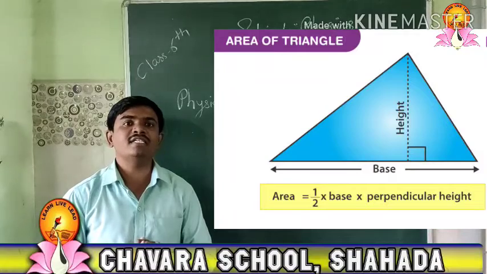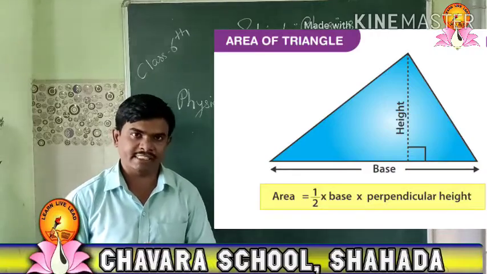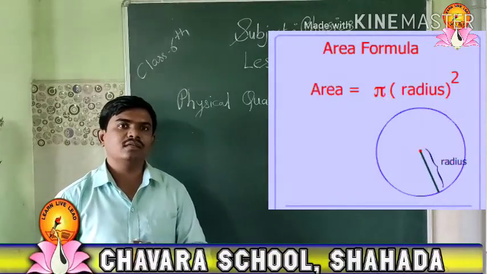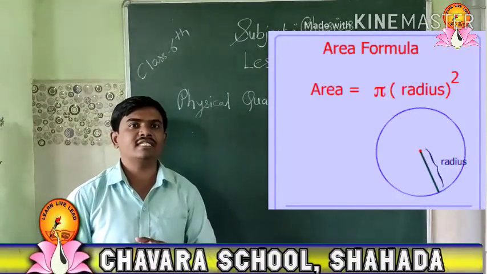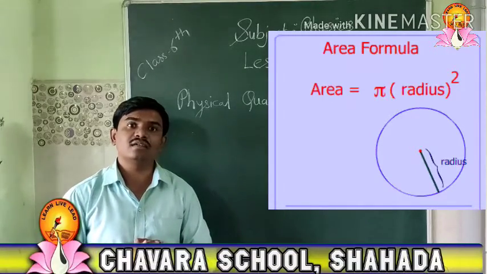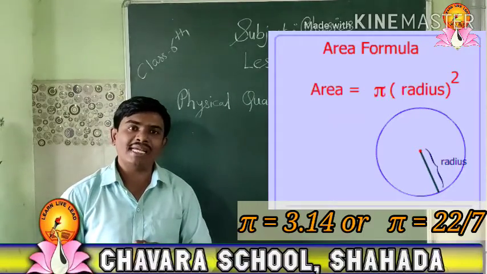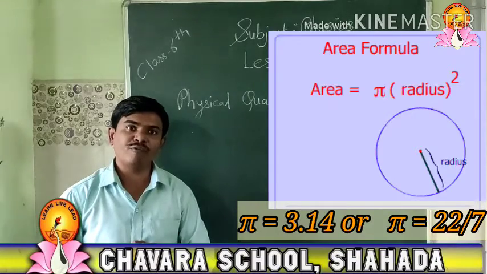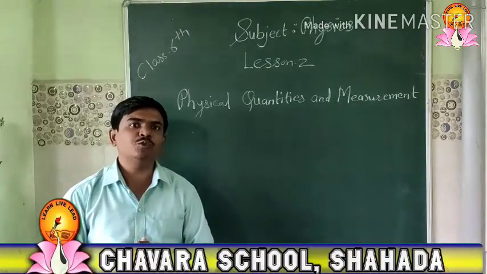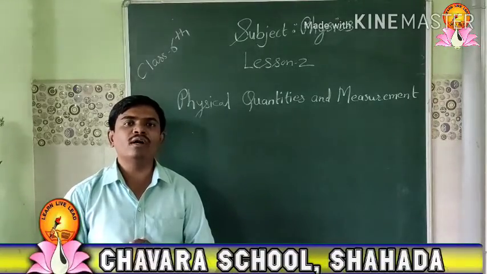The area of triangle is 1/2 multiply length of base multiply height, and the area of circle is pi multiply radius square. Here the value of pi is 3.14 or 22/7.